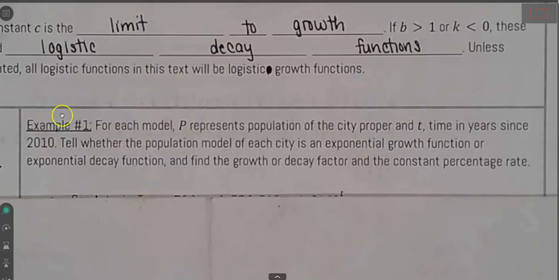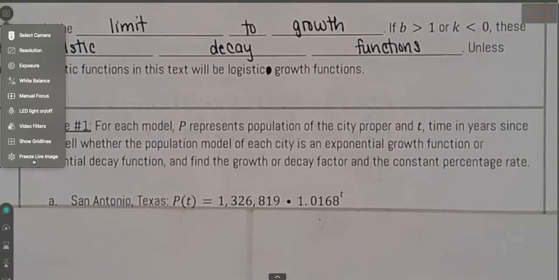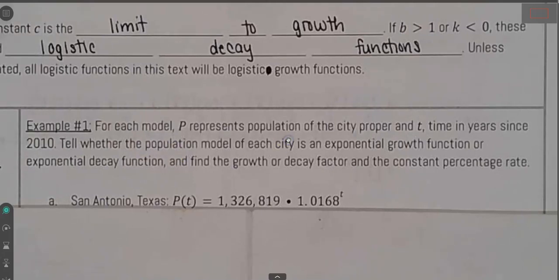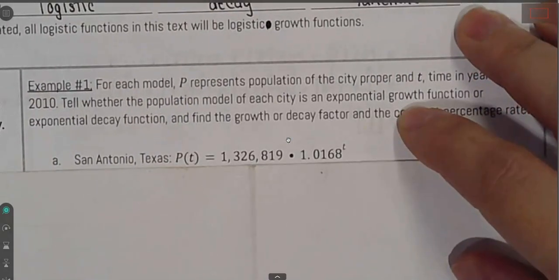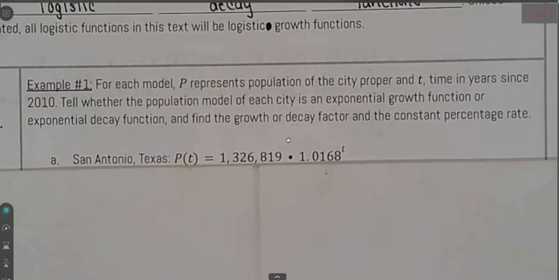Let's do this first. I think all of you guys can identify whether this is a growth or decay function, right? Yeah? Okay, so on your whiteboards, tell me if it's a growth or decay function. You only have one chance to answer because there's only 2 options. Once you have it, hold up your hand. Okay, good job.